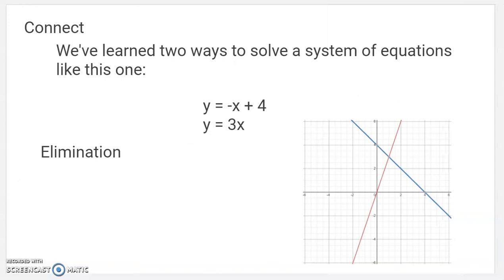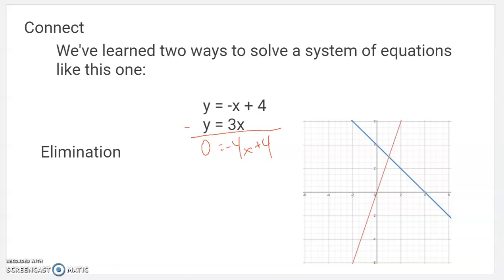All right. So far, if we take a system of equations like this one, we've learned two ways to solve that. One's called the elimination method, where we either add or subtract the two equations together. In this case, subtracting would be ideal because when I do, y minus y eliminates one of the variables, negative x minus 3x, and 4 minus 0.